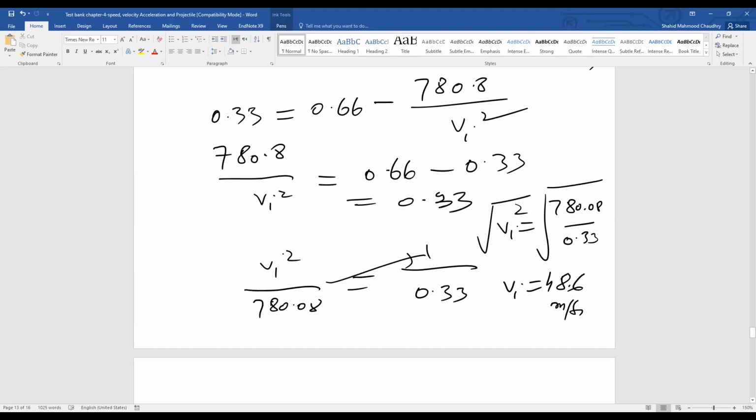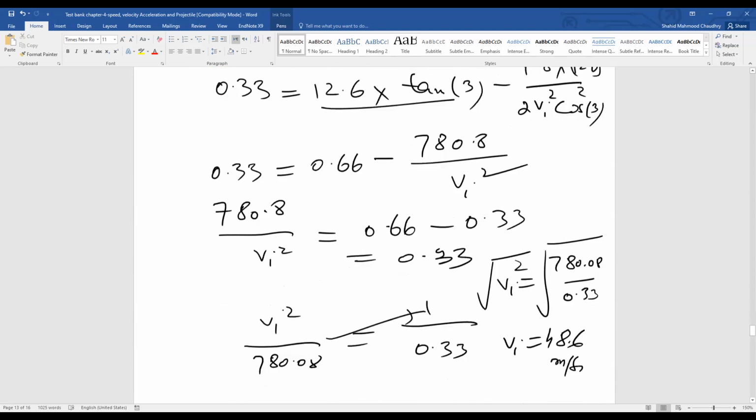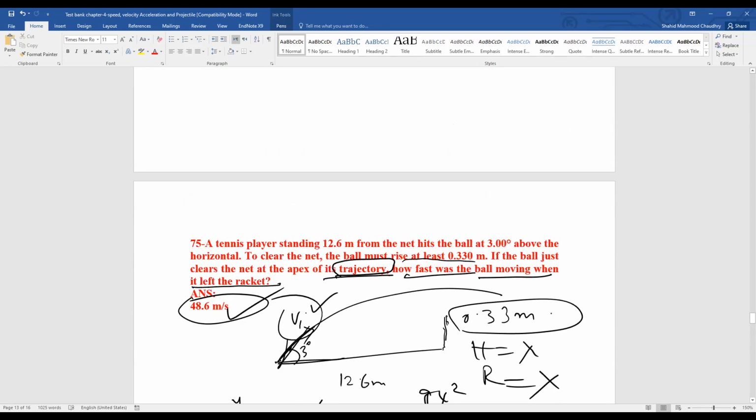You can check it with the calculator. So this is the answer. In this question, you should apply the trajectory equation. Otherwise, your answer will not come like this one.